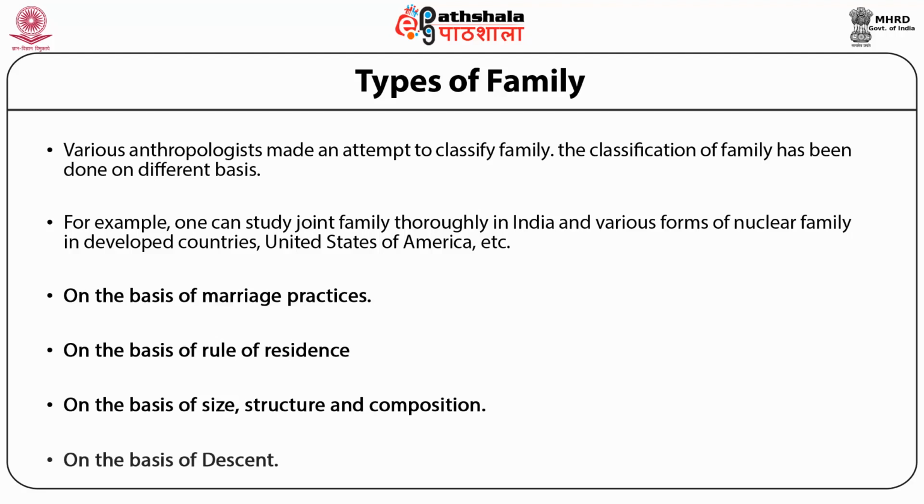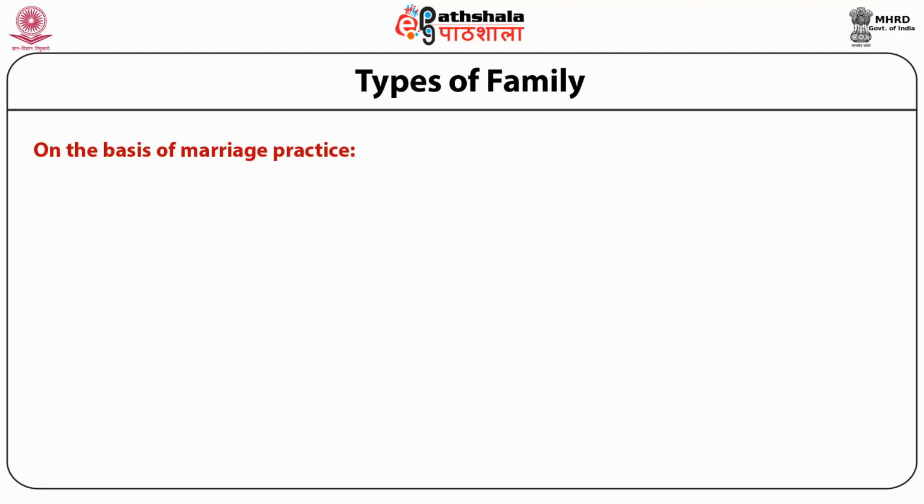Fourth, on the basis of descent. On the basis of marriage practice, the family is classified into four types. That is, number 1, monogamous family. Number 2, polygamous family. Number 3, exogamous family.